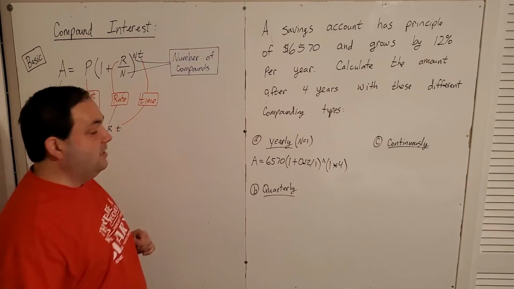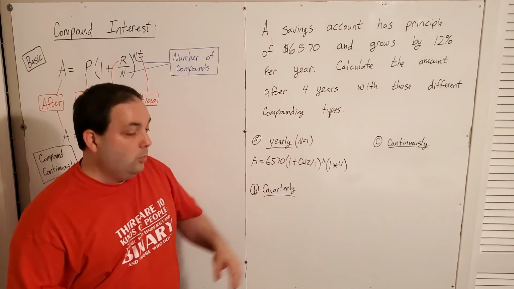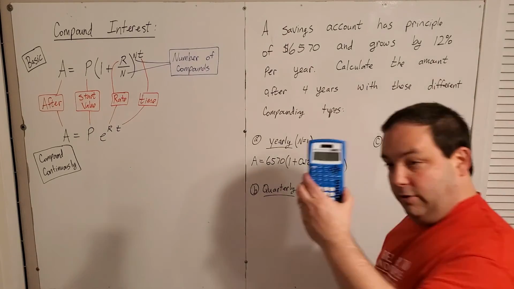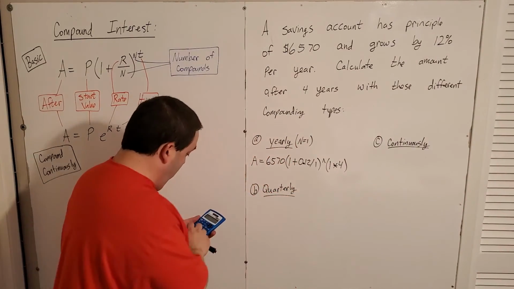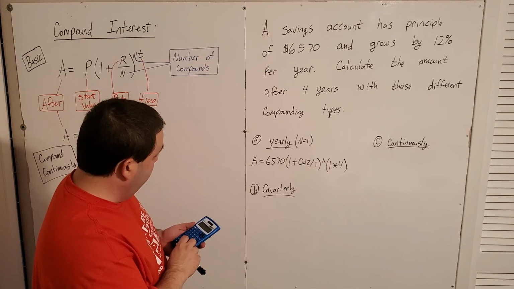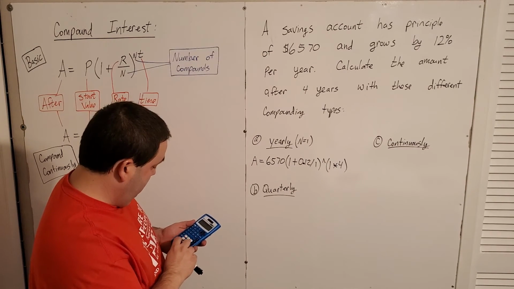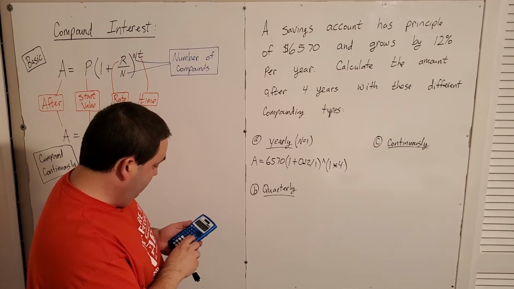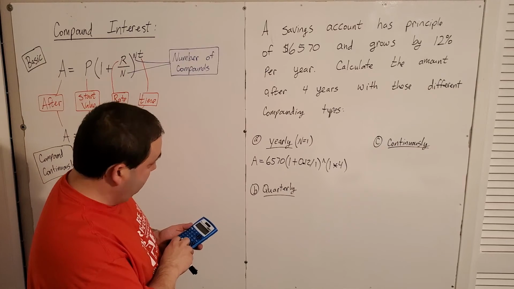You'll notice I wrote this in calculator speak. This is exactly what it would look like as you're punching it into the calculator that we use, and most of the other ones that are out there too. So 6570 times 1 plus 0.12 divided by 1 is 0.12, and then raised to the power of 4 times 1, which is 4.